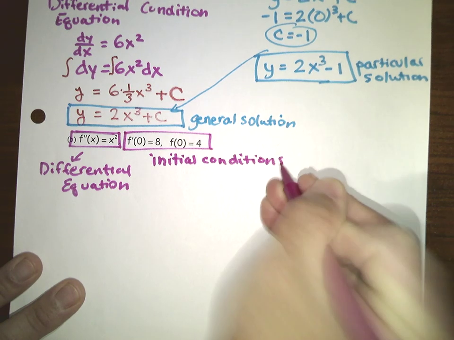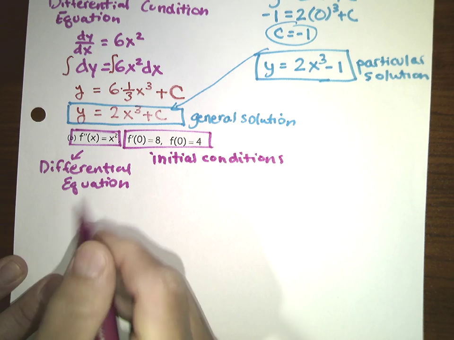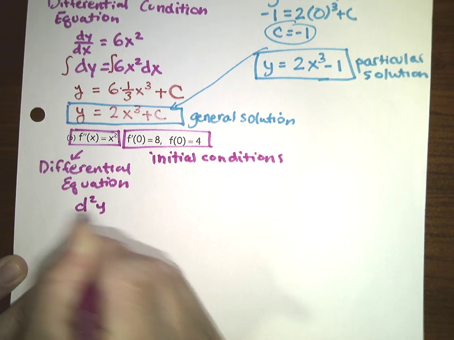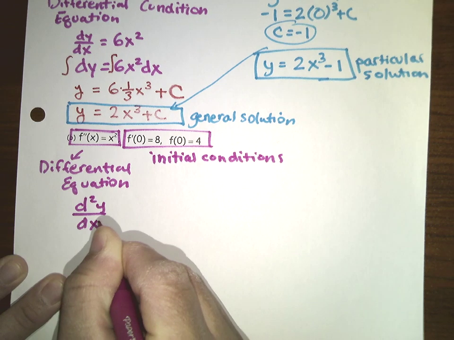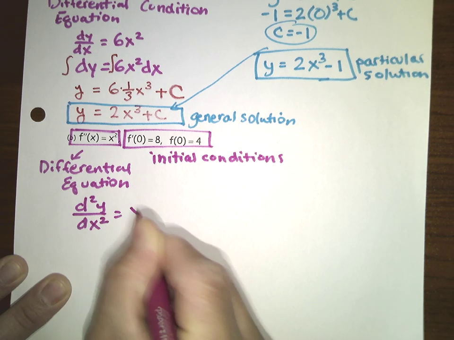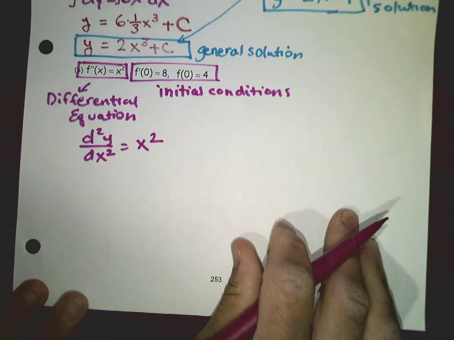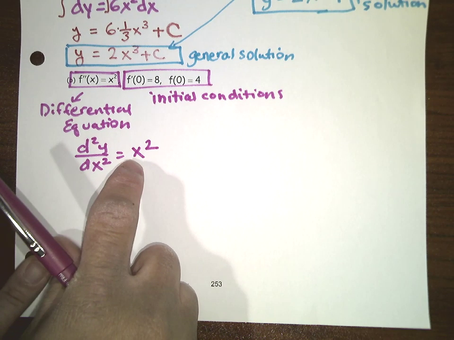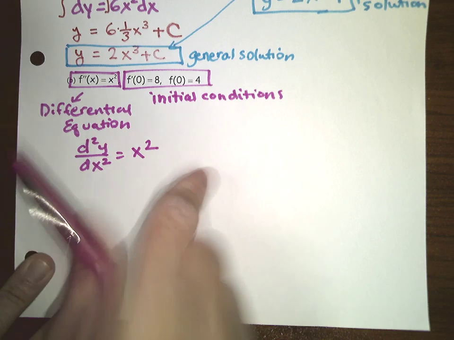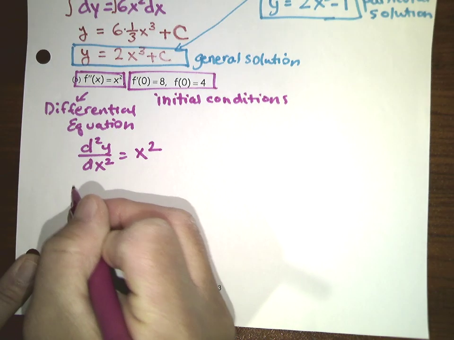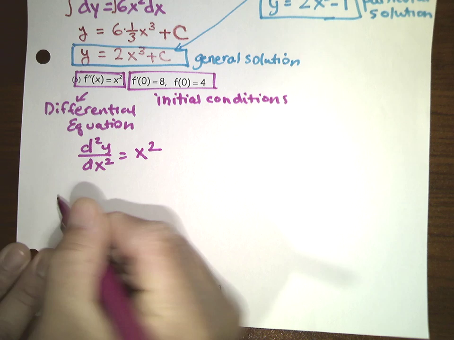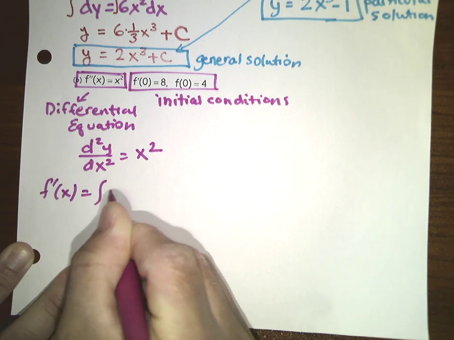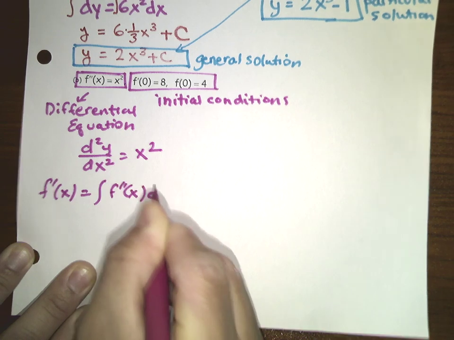So what we're going to do is rewrite this second derivative as d squared y dx squared equals x squared. Since this is actually just the derivative of the first derivative, all I'm trying to tell you is that the first derivative will be the integral of the second derivative dx.